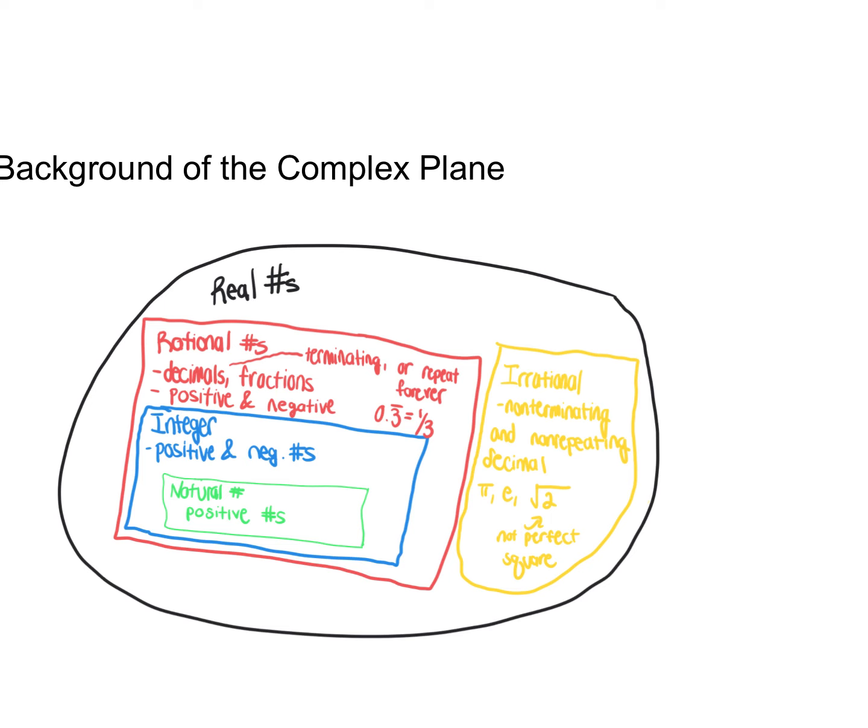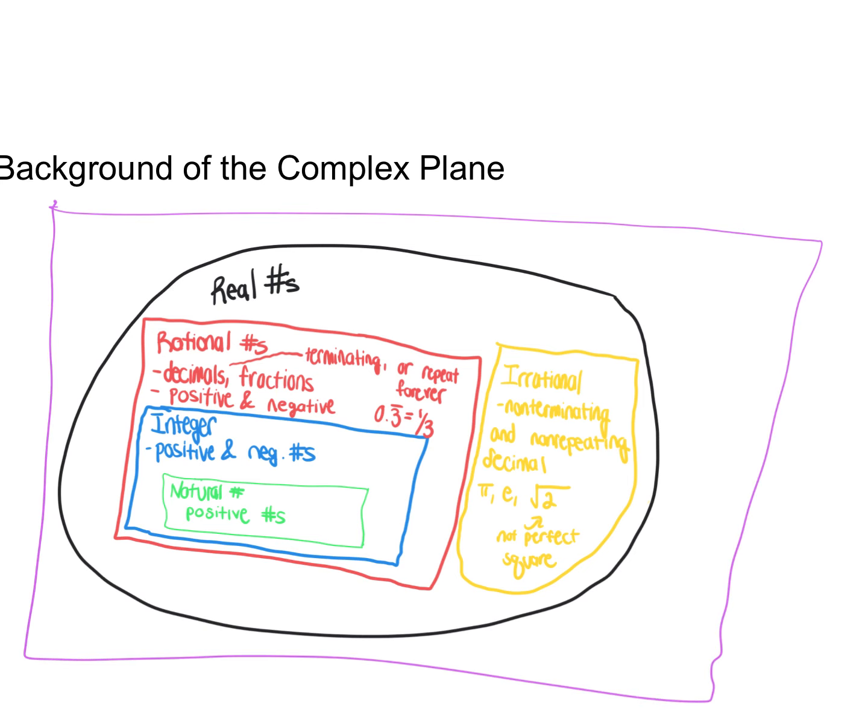So all of this is then contained inside a new plane. And it's actually known as the complex plane. And it has numbers like i, and this is known as an imaginary number.